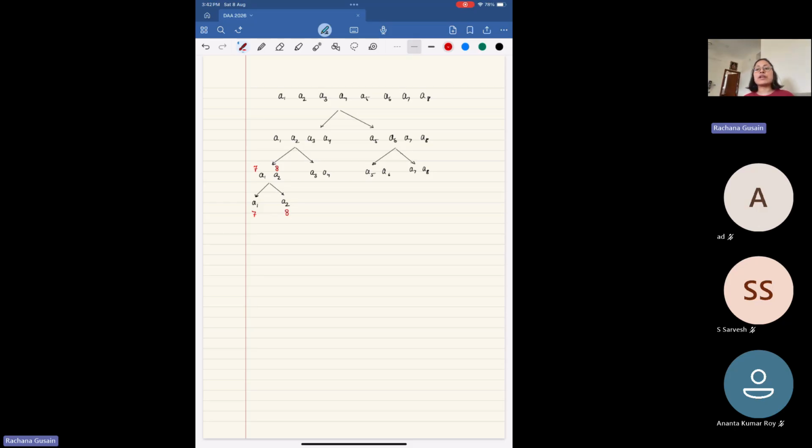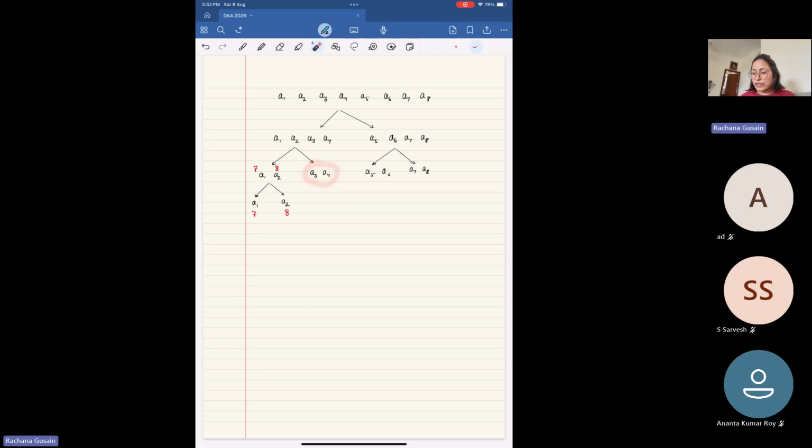So during merging, we really have to compare the elements and then put them back in this array so that the elements are sorted. Right? So I'll just compare 7 with 8, whichever is smaller, in this case 7. I'll place 7 at the first index and then 8 at the second index.